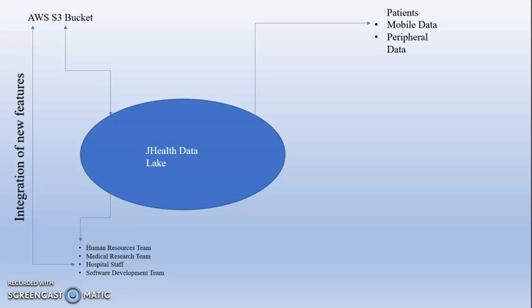So we'll be allowed to use mobile data and peripheral data such as iWatches and other peripherals, for example heart monitors and everything else that a patient might have connected to them that can use an embedded device.